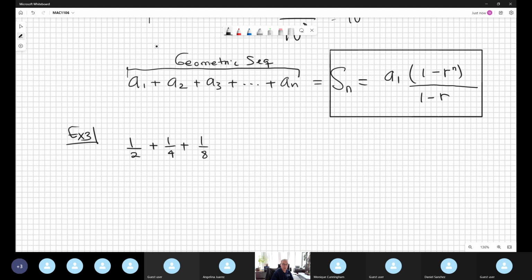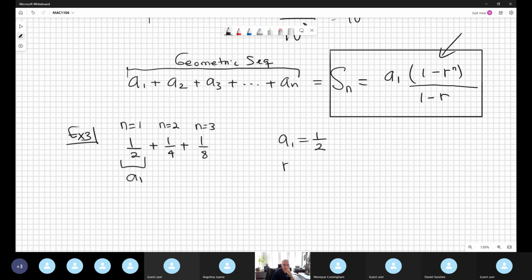But I want to illustrate. This is n equal 1, this is n equal 2, this is n equal 3. This is a short summation, but if it's long, we can use that formula. Let me illustrate this, doing it by hand and using the formula. In this case, A1 is 1/2.